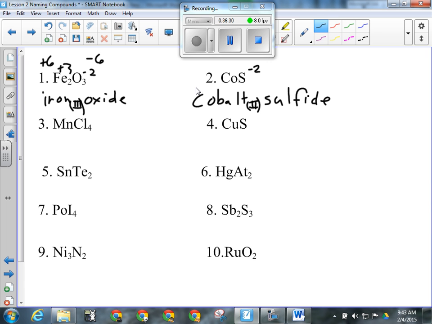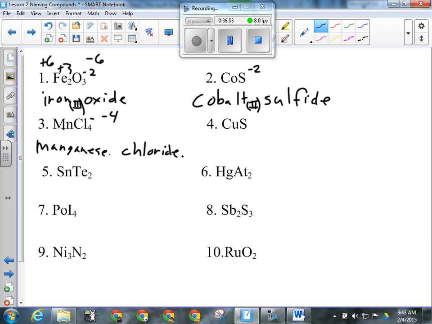All right, number 3, we did one like this just a few minutes ago. We did manganese bromide. Now it's manganese chloride. That's no big deal. Chlorine is always -1. So that gives us 4 negative charges in total. There's only one manganese, so its charge has to be +4.